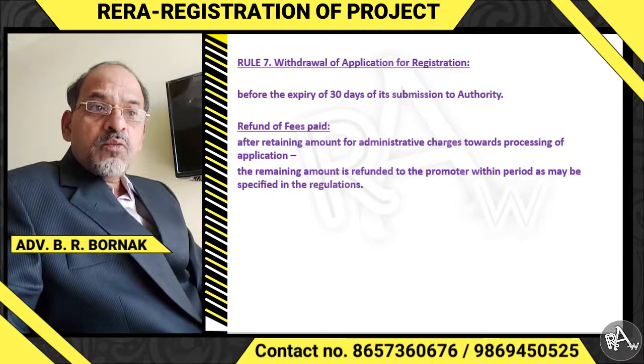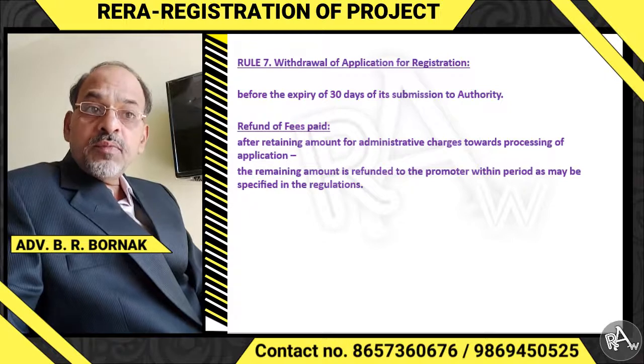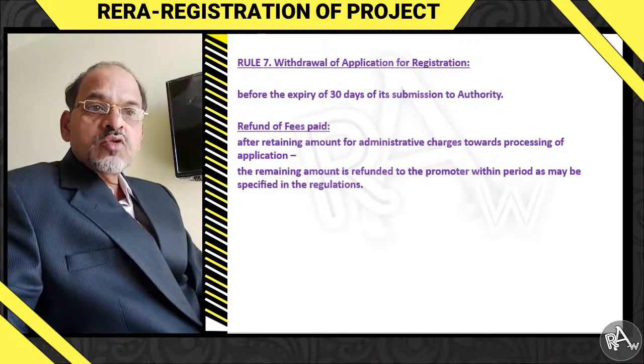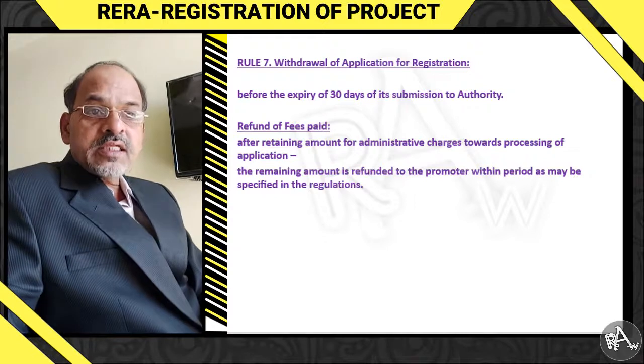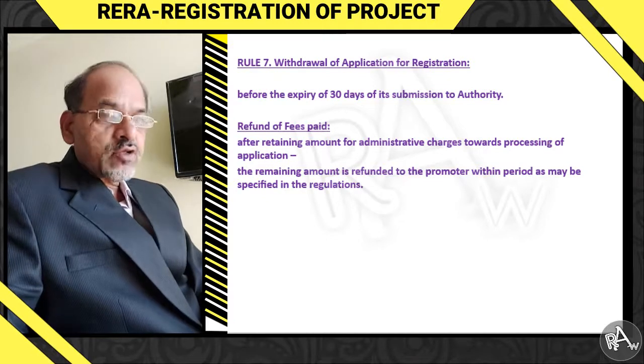The promoter can withdraw the application for registration before the expiry of 30 days of its submission to the authority. If he wants to withdraw, he will have to do so before the expiry of 30 days of its submission to the RERA authority, the Real Estate Regulatory Authority.